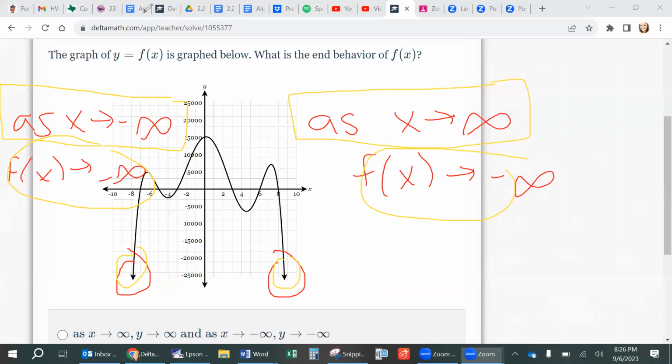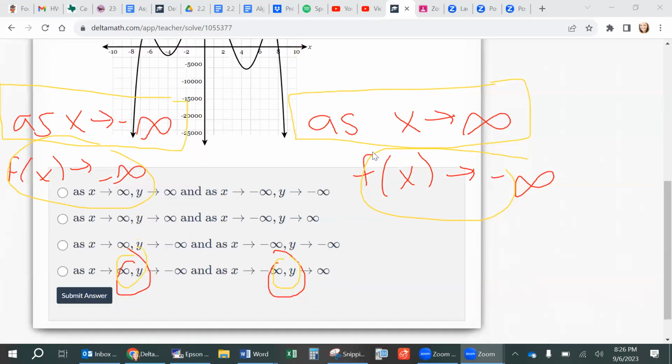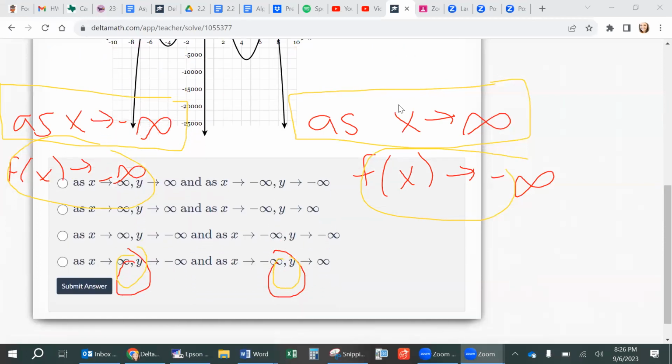So let's look at our answer choices and see which one of those matches. Let's do eraser here. For my answer choices, I see this one. I have a y that's pointed to infinity. That would mean it's going up, so I don't want that.